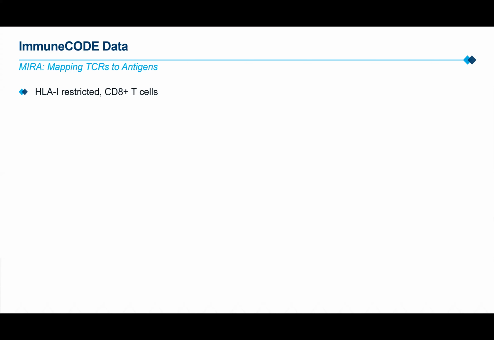Right now, the data that we have publicly available are HLA class 1 restricted peptides mapped to CD8 sorted T cells. Those constitute 545 peptides that were chosen last winter, early spring, based off both NetMHC predictions, but also published peptides.